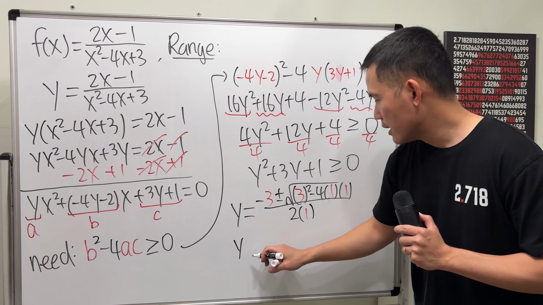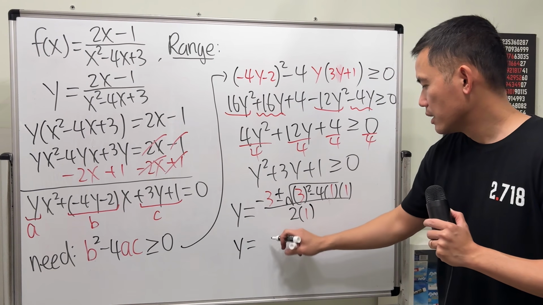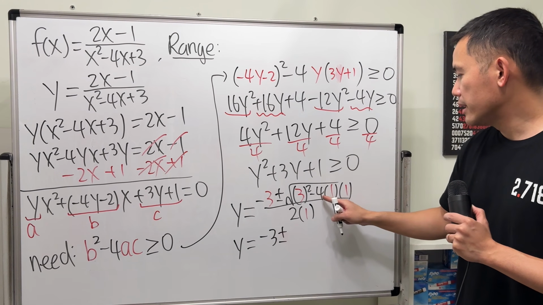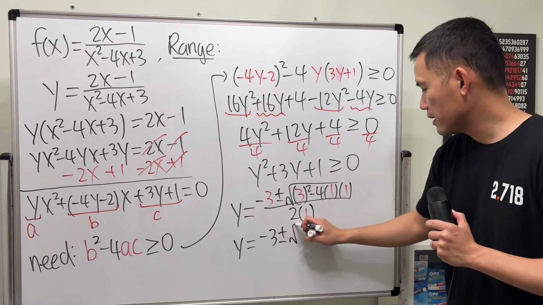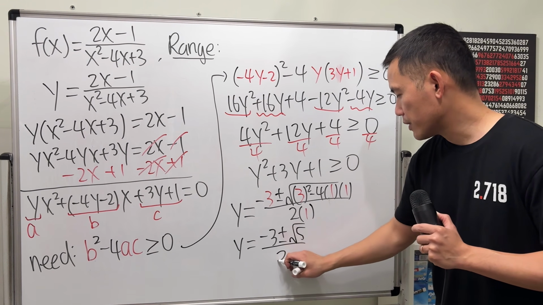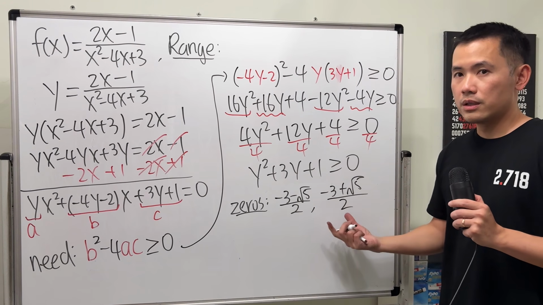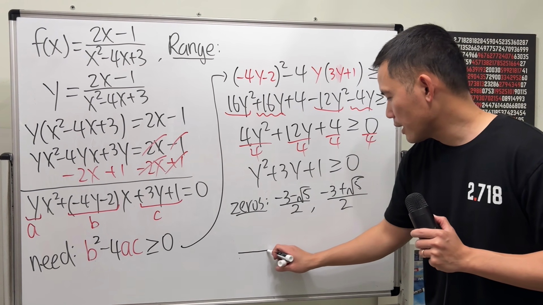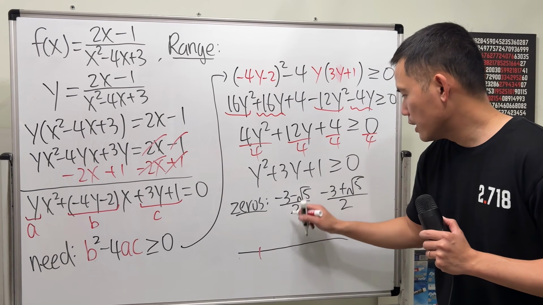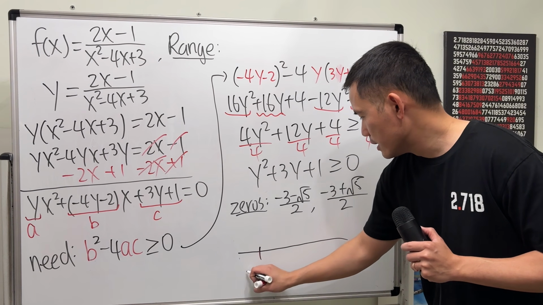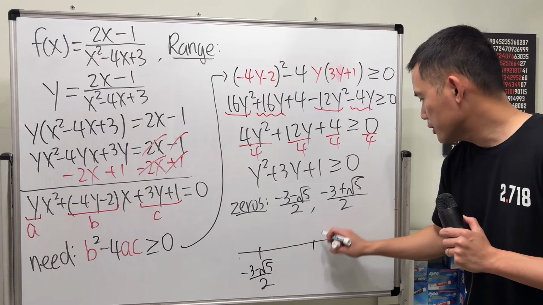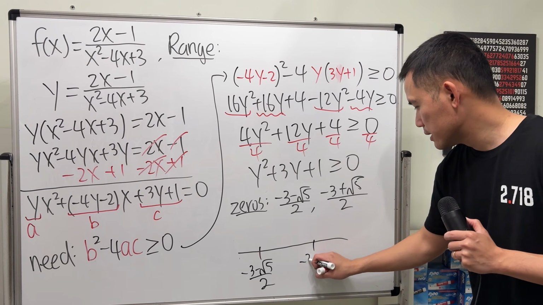So y is going to be negative 3 plus or minus, that's 9 minus 4, which is 5 in the square root, over 2. These were the two zeros. And now what you can do is you can just draw a number line real quick. So this right here will be the one with the minus, negative 3 minus square root of 5 over 2. And then this right here is the one with the plus.